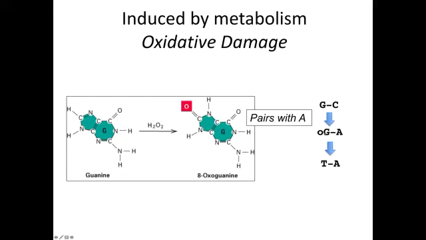So the DNA polymerase has a preference for putting an A against an 8-oxoguanine instead of a C. Now, if another round of DNA replication occurs, then the A will be retained and a T will be put in its place, and that would lead to a mutation that becomes fixed in the descendant lineage. So here, mutation is caused by metabolism, basically chemicals being produced in your own body.